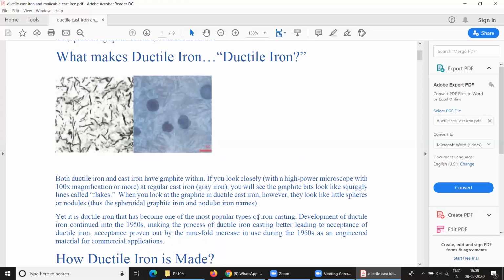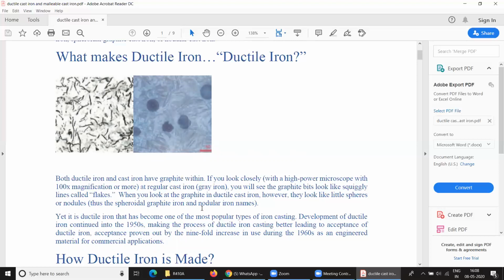If you look closely with a high power microscope, possibly with 100x magnification or more, at a regular cast iron, that is the gray cast iron, you will see the graphite bits look like lines. They are called flakes.